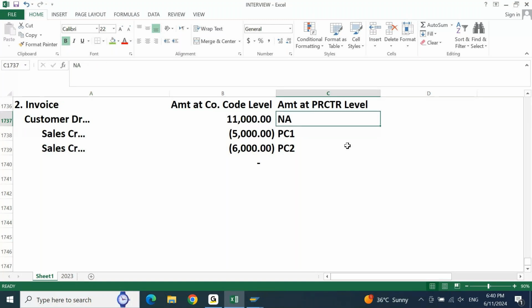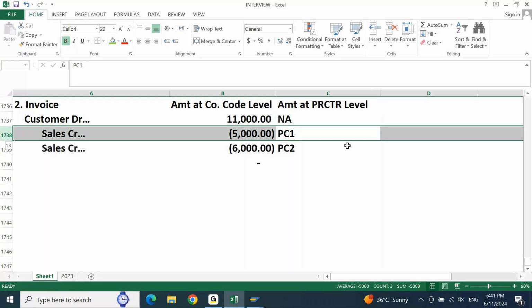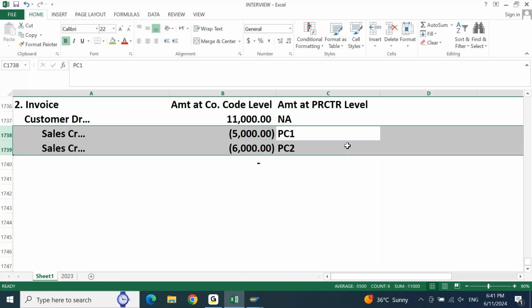Since there is no field, there is no point in giving the profit center; profit center is ruled out from the customer line item and vendor line item. Credit whatever sales or any additional amount you are giving according to the product, according to the line of business, and give the valid profit center there. For example, I have given PC1, PC2.